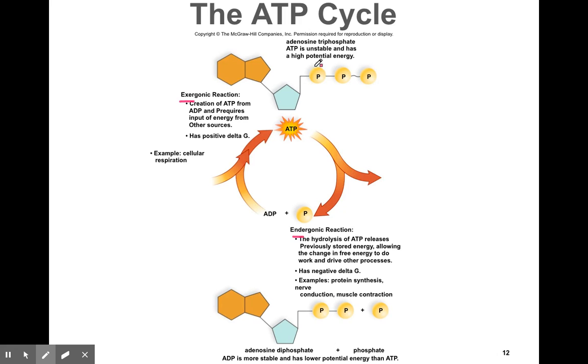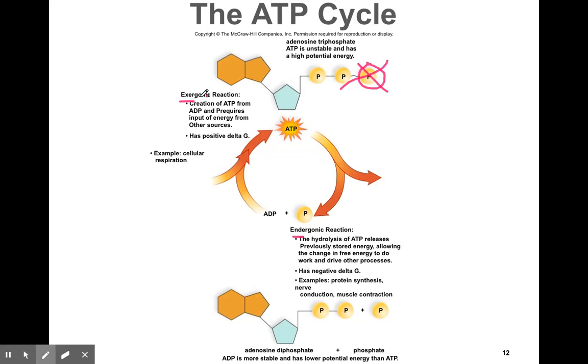If I look at ATP, the creation of ATP from ADP requires the input of energy from other sources. So it has a positive delta G. When I do work, the energy located here on the phosphate group is unstable, and the energy gets released. So ATP will now form ADP.